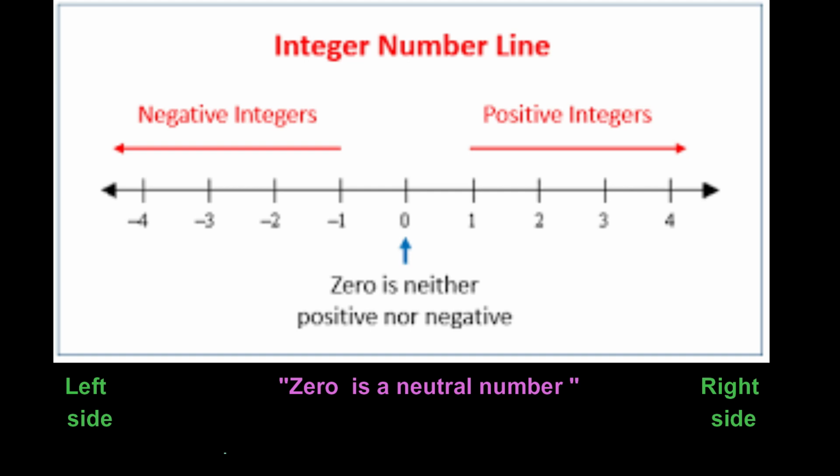And there are also two rules for subtraction. When you subtract a positive integer, we move towards the left side. And when we subtract a negative integer, we move towards the right side. So there are 4 rules, 2 for addition and 2 for subtraction.